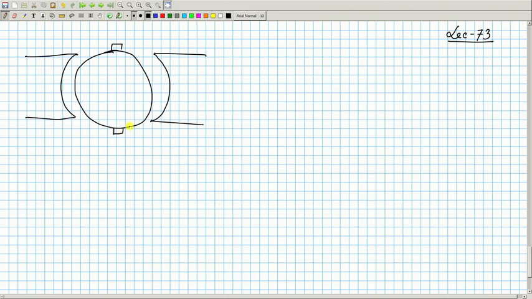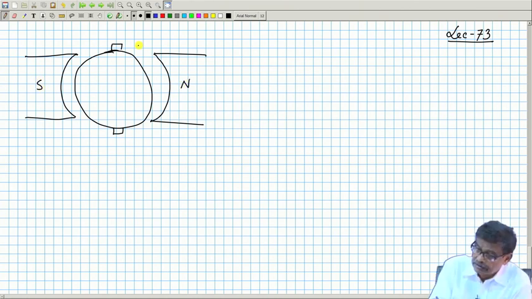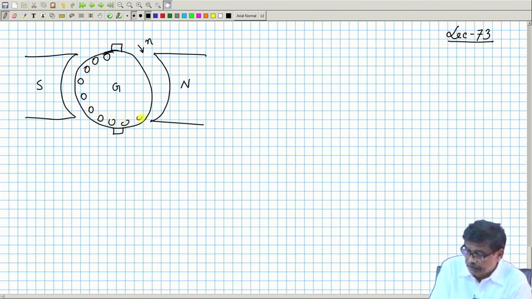So, this was the scenario, and this is the south pole, north pole. In generator mode, I assumed rotation in this direction, and these are the brush axis, and these are the armature conductors, and these are all dots.